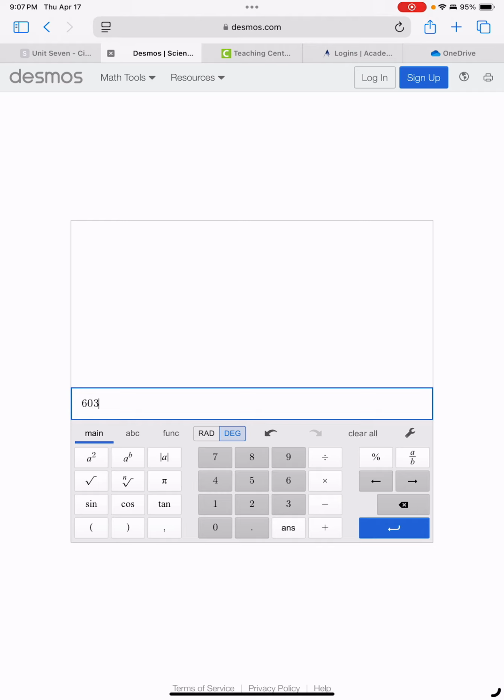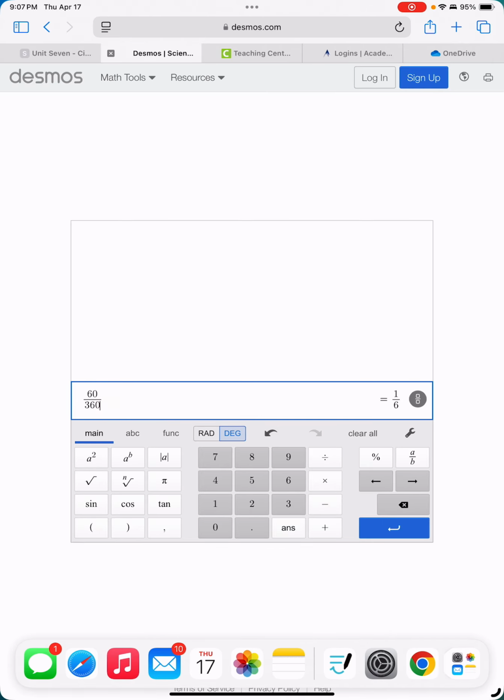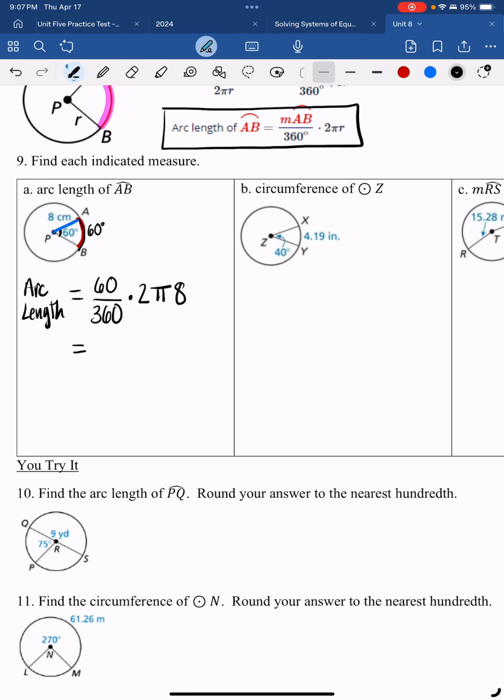You can reduce this in your calculator. So that would be 1/6. So 60 over 360 is 1/6.